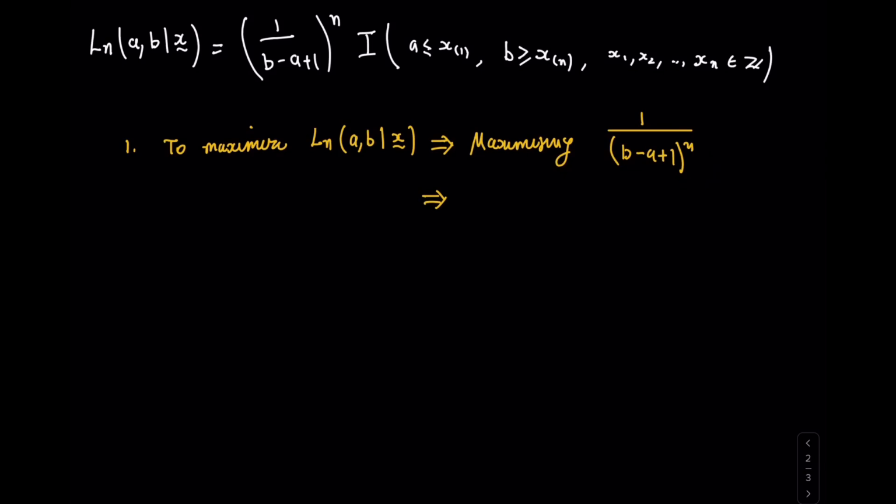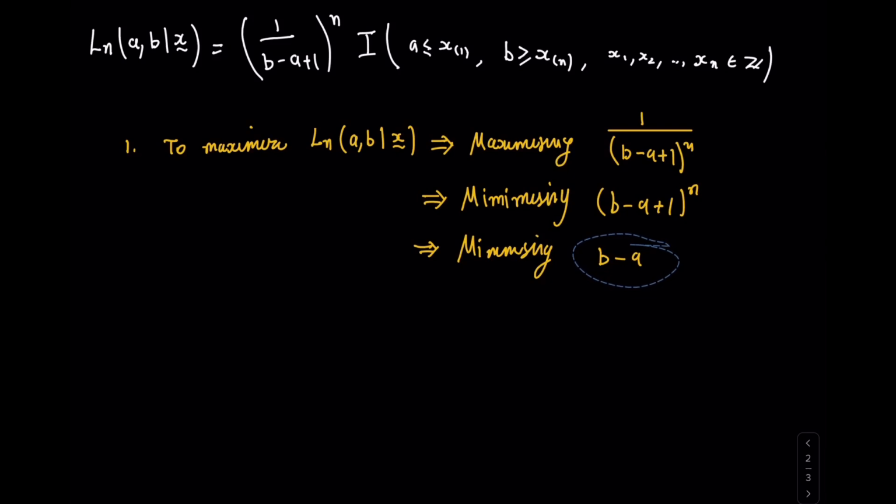So maximizing that is the same as minimizing (b minus a plus 1) to the power of n, which is the same as minimizing what's in the brackets, b minus a plus 1. Or equivalently, because the plus 1 isn't going to change, you can't alter the plus 1, it's the equivalent of just minimizing the difference between b and a.